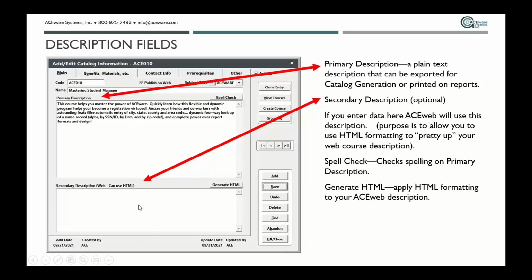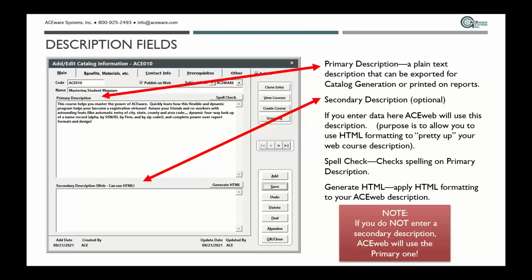If you really aren't doing anything with HTML, you don't have to put anything in this secondary description. However, if you do use it, you can use HTML to pretty it up. There is now, thanks to Matthew, a spell check tool on your primary description and a generate HTML tool for your web description that gives you a simple WYSIWYG, what you see is what you get, tool to be able to edit the HTML code.